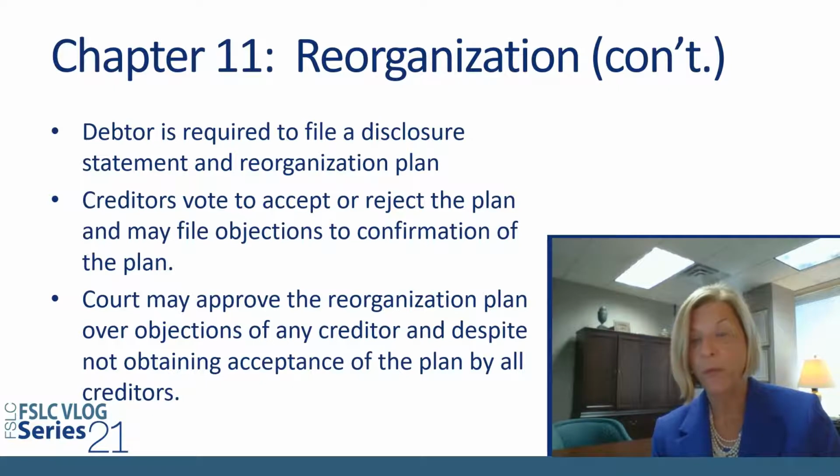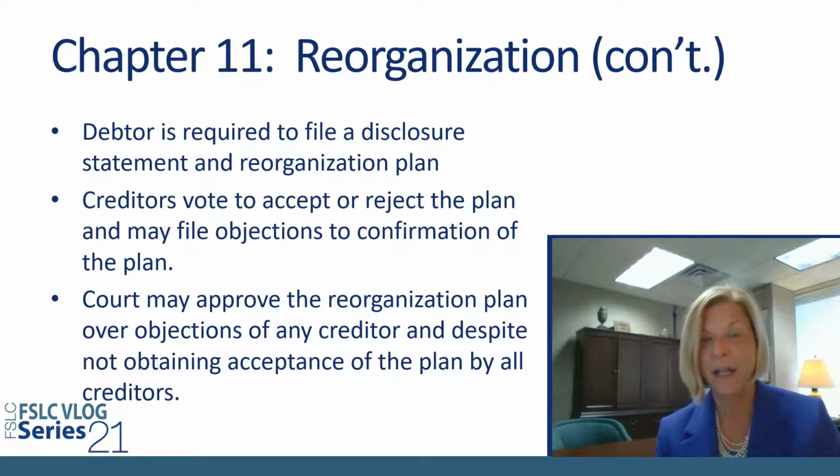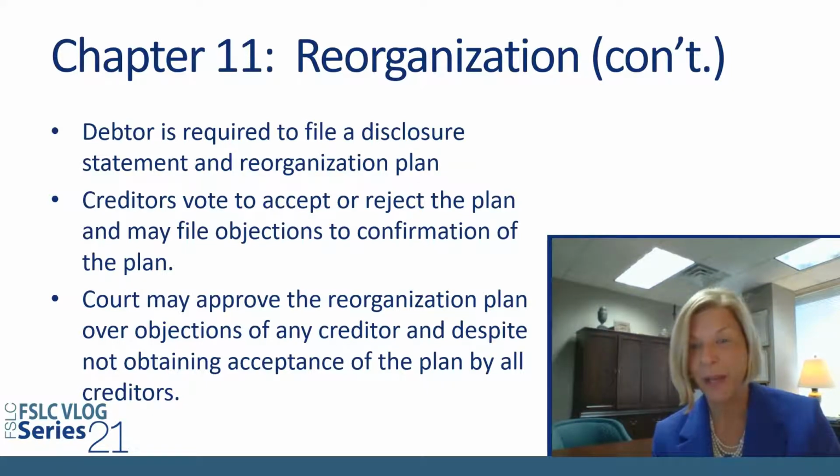And the plan will propose how the business of the debtor is to be reorganized and what is to happen with its assets. Creditors may then vote to accept or reject the plan, or they can file objections to confirmation of the plan.